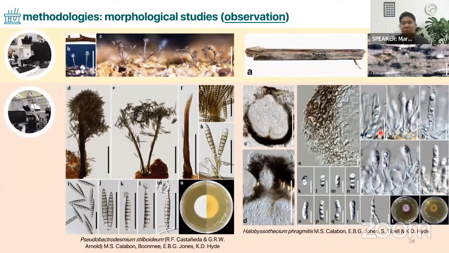This one we introduced as a new species, from the genus Halobisothysium, and this one from Sodobactrodesmium. With the dissecting microscope, you see the morphology on the wood. With the compound microscope, you see the micromorphology of the aquatic fungi.